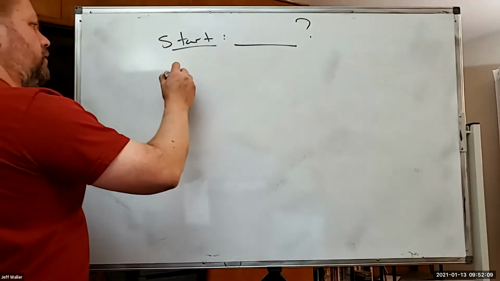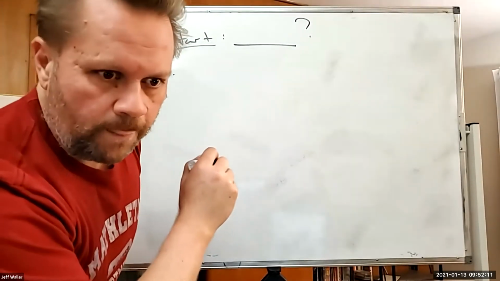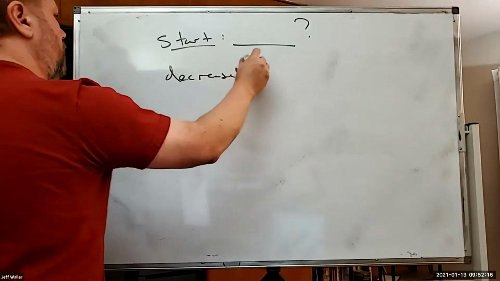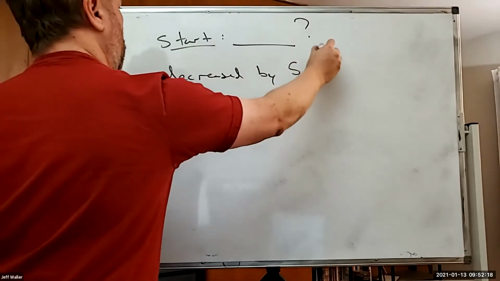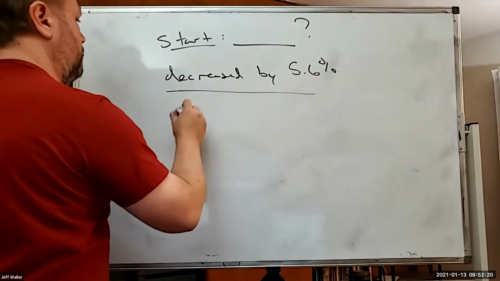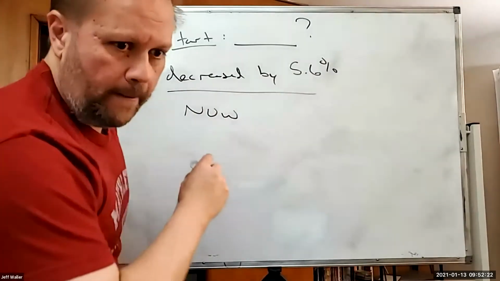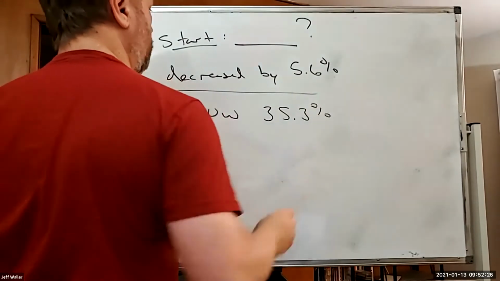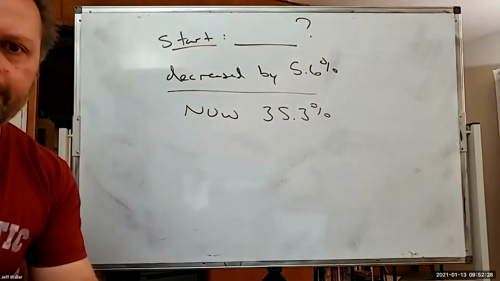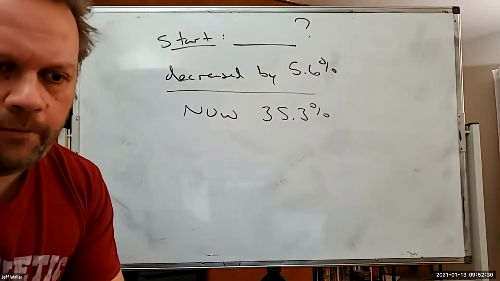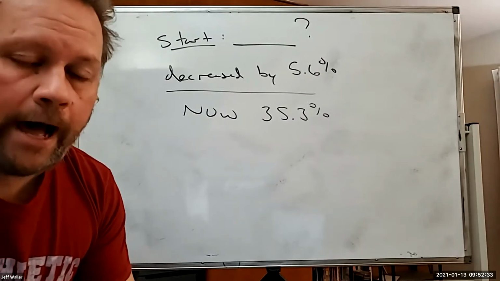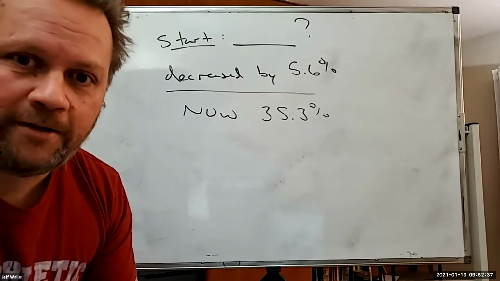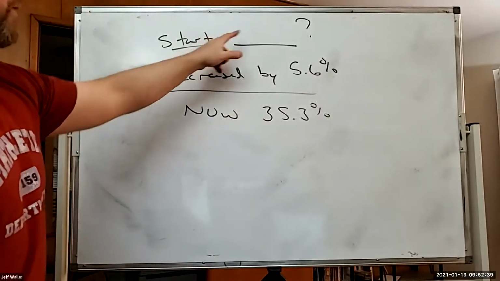It decreased by 5.6%, and now it is 35.3%. Do you see how this is exactly like the algebra problems we were doing yesterday, where we don't know the original? We don't know what the start was. So what is it? X.